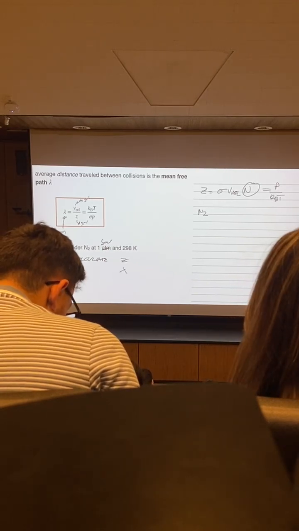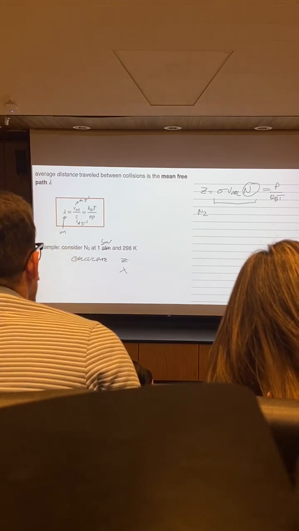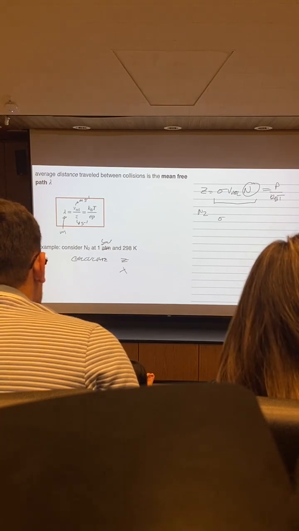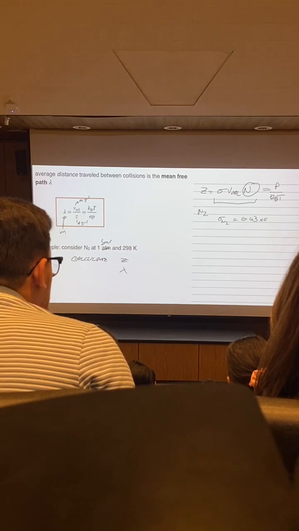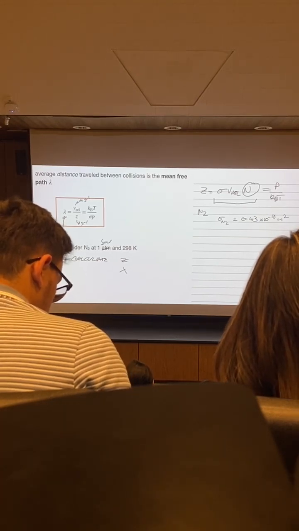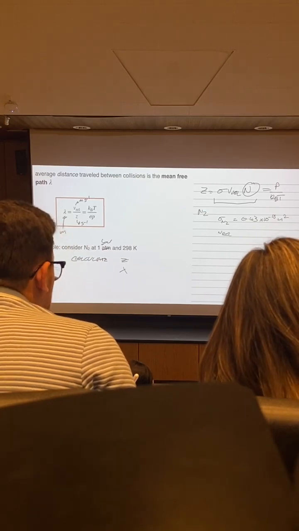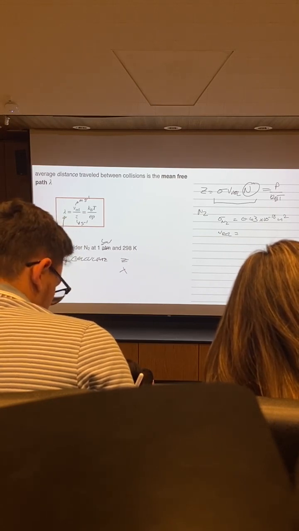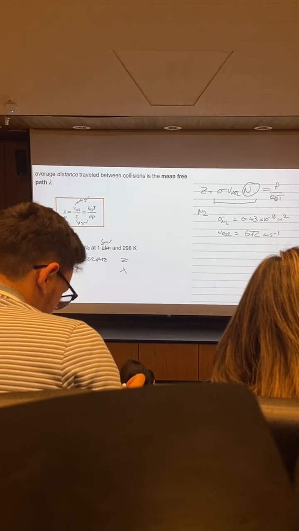So let's deal with Z first of all. Z is given by this equation here. We've already determined what each of these parameters are. Sigma for N2 we've seen is 0.43 times 10 to the -18 square meters. That was from the table on the previous slide. We calculated the other day the relative speed of N2 molecules, about 672 meters per second at 298 Kelvin.